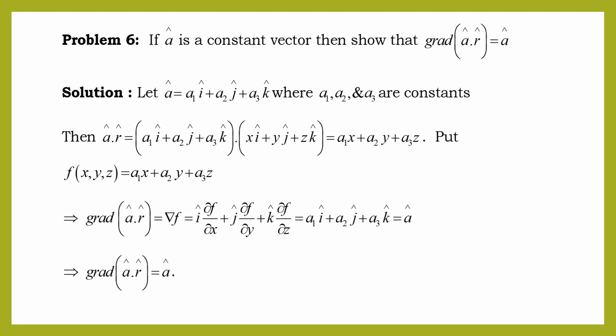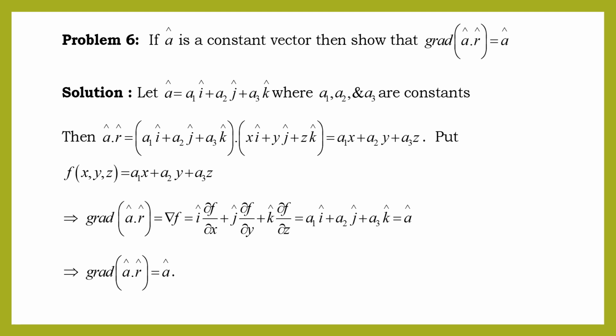What do I mean by a constant vector a cap? Suppose a cap equals a1 i cap plus a2 j cap plus a3 k cap. When we say this is a constant vector, the coefficients a1, a2, a3 are constants, they must not be variables.